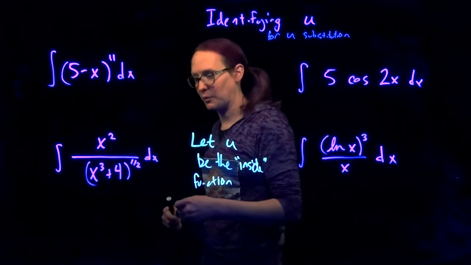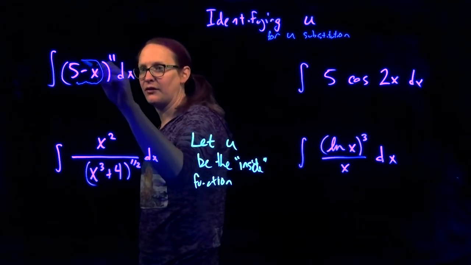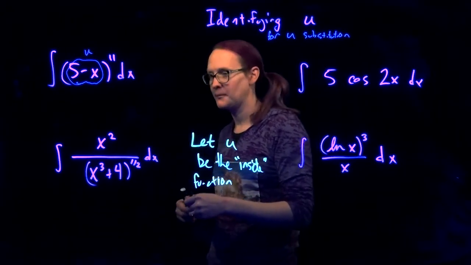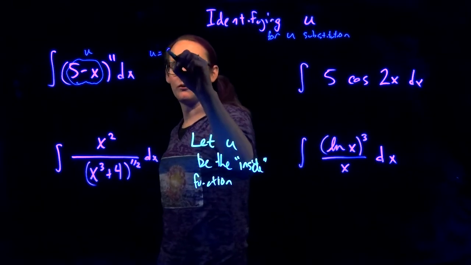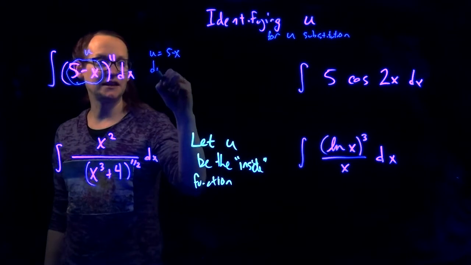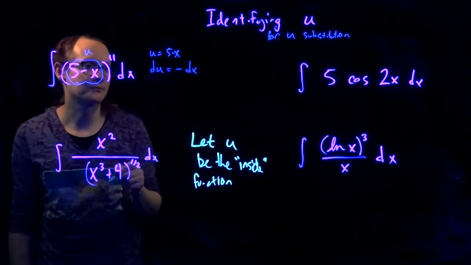But I think the right thing to do here is to let this right here be u. That's going to make u equal 5 minus x, which means that du is equal to minus dx.